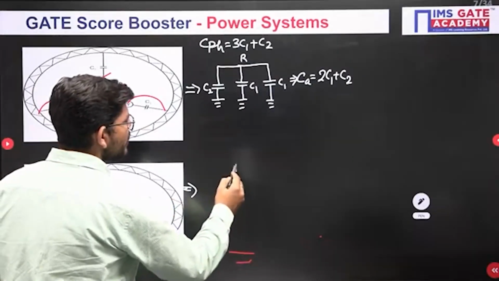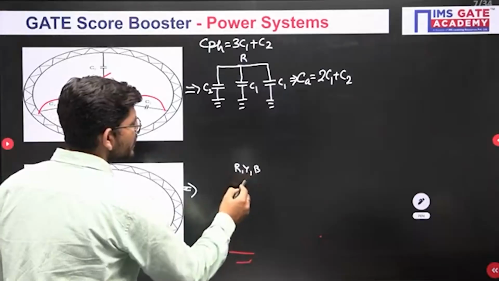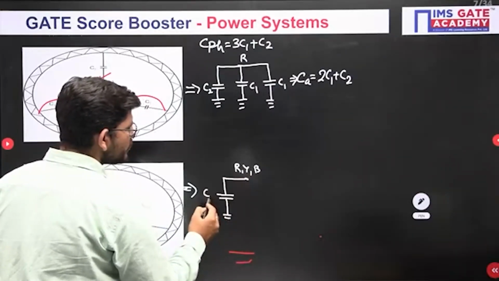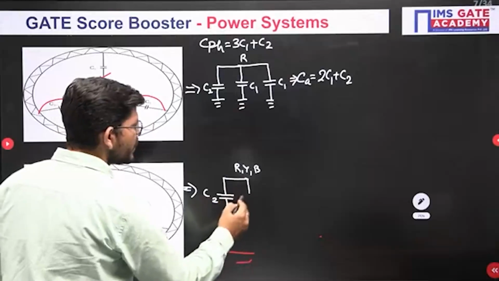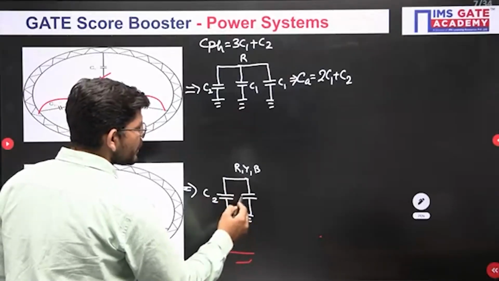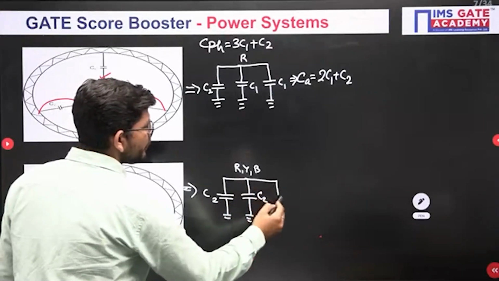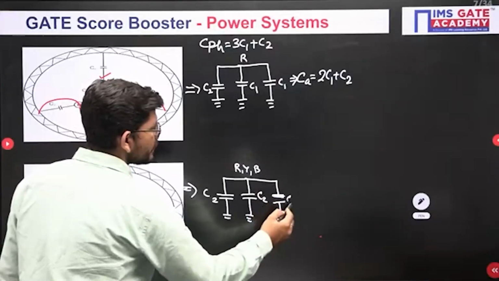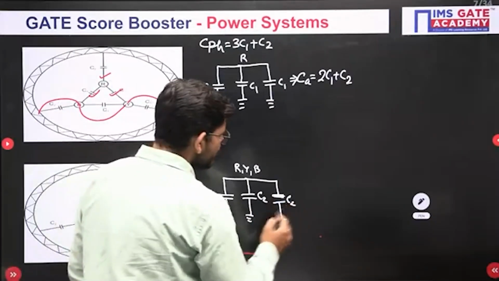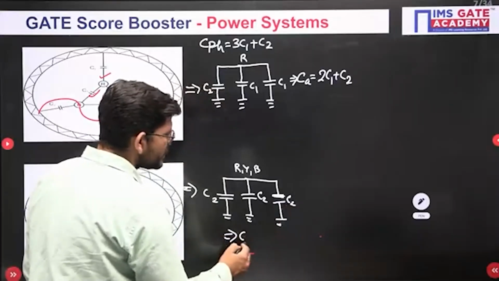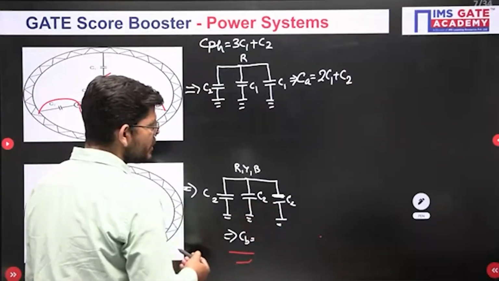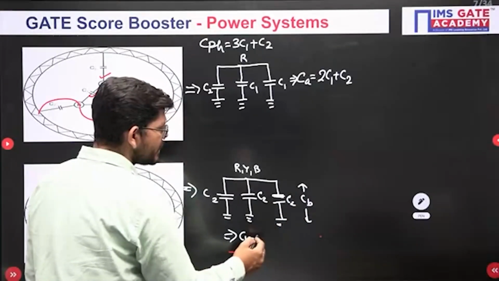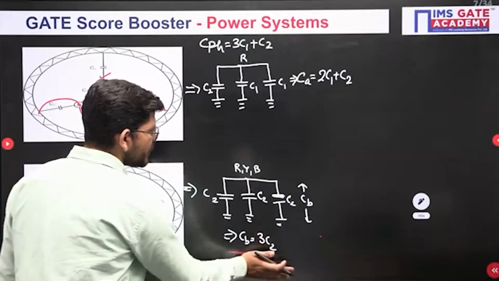All R point, Y point and B point are bunched together, so you only have the capacitance to the sheath, C2. Only three C2s will be there. If I call this combined combination CB, then CB will be basically 3 times C2, isn't it?